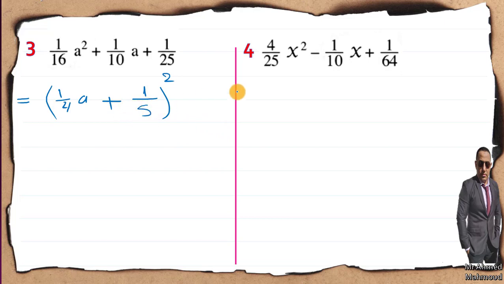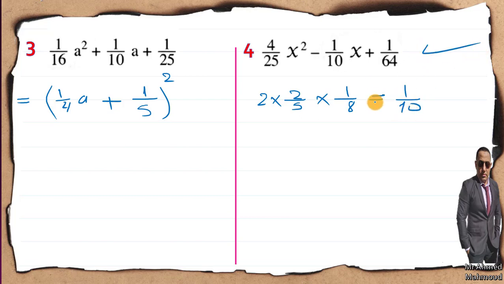Okay, like this. Another one here, 4 over 25, its root is 2 over 5. 1 over 64, its root is 1 over 8. So I'm going to multiply 2 times 2 over 5 times 1 over 8 equals 1 over 10.